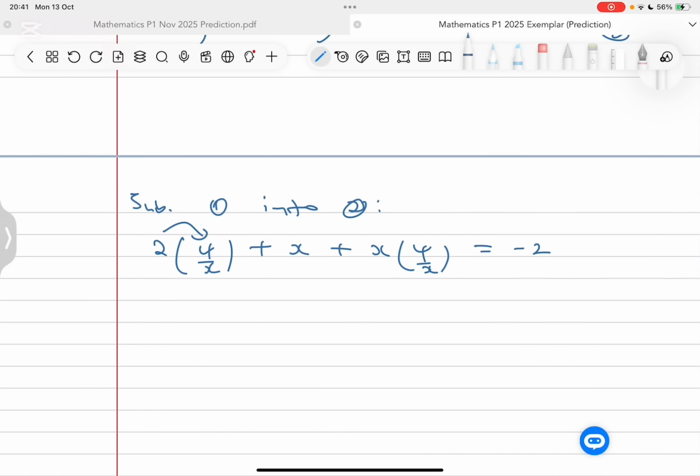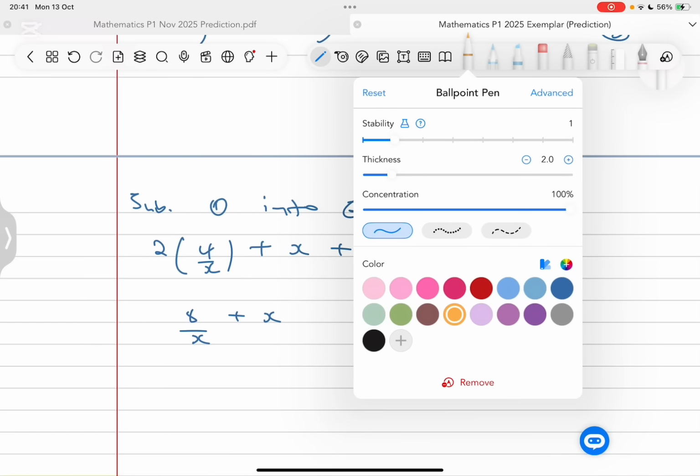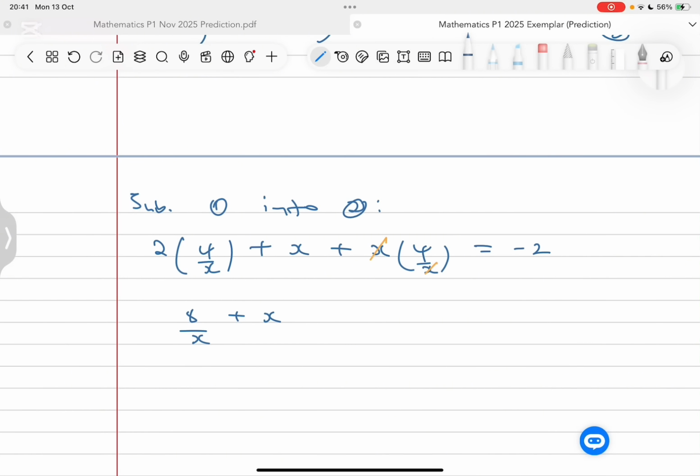So I'm going to have an 8 over x plus x, and you would see here that the x and the x would cancel each other so that I have plus 4, and I can immediately take these 2 to this side so that it becomes a positive 2, and this is going to be equals to a 0.